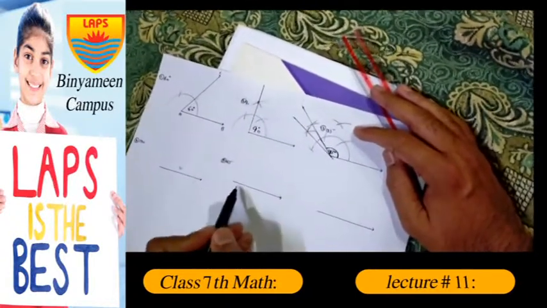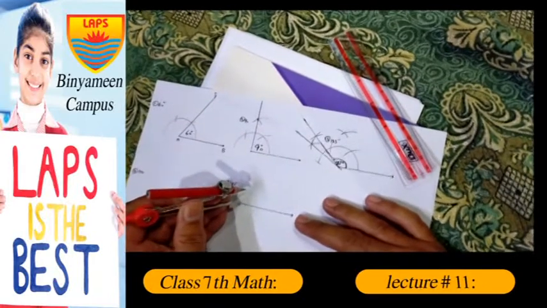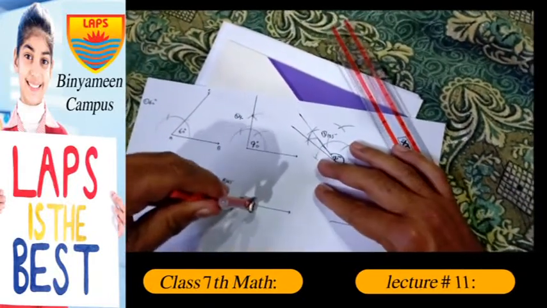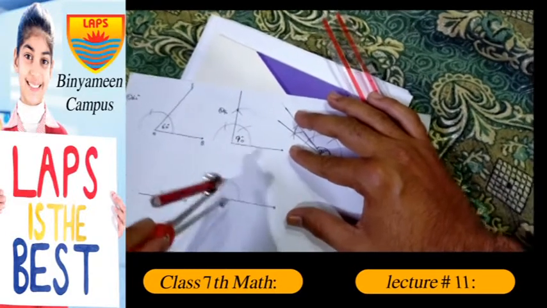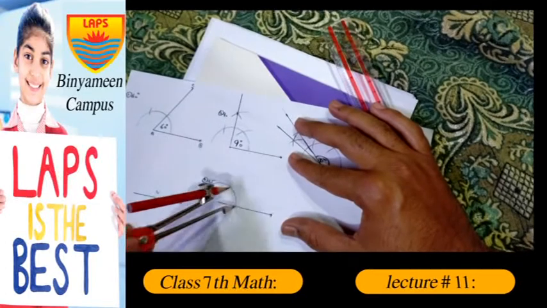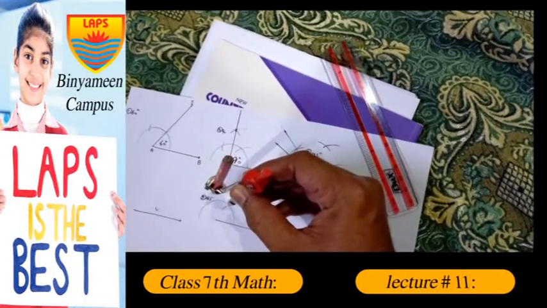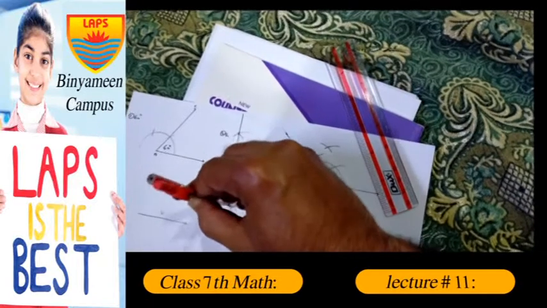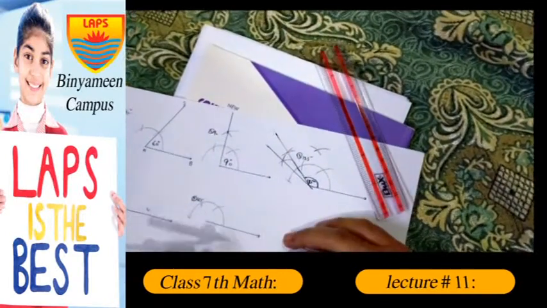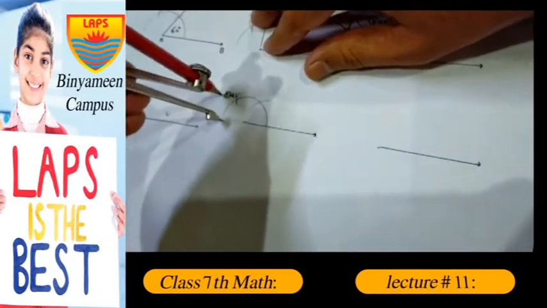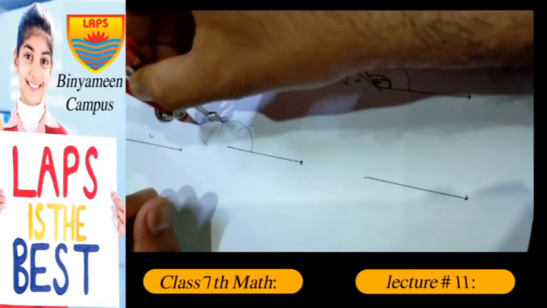Now we draw after this 160 degree. Take any radius. 160°. 120, 180. Draw 150° angle.